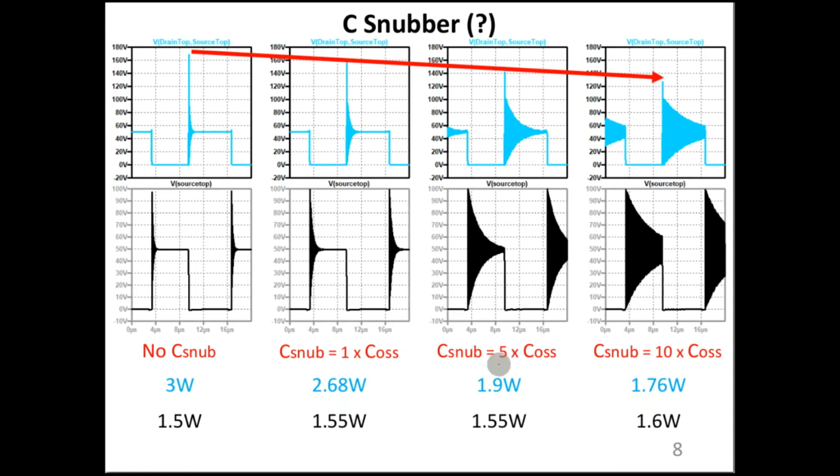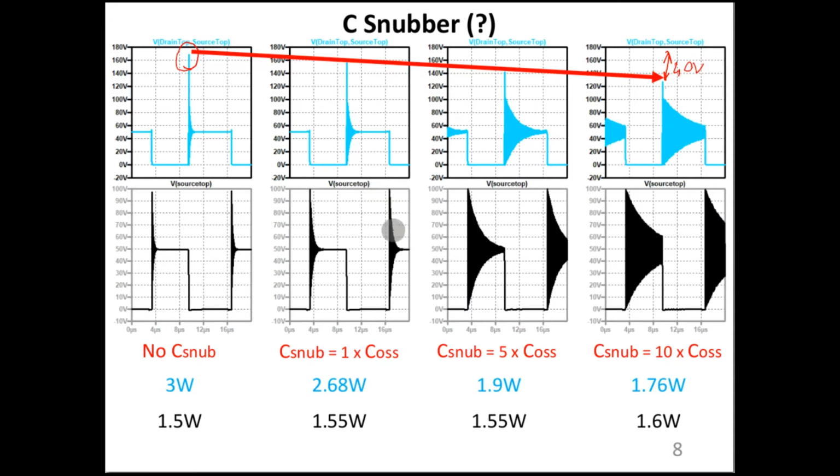In the third case, we are using 5 times COSS at the output port, and in the last case, we are using 10 times the parasitic capacitance connected across the drain to source pins. When we check the drain to source voltage overshoot levels, it was as high as 160 volts in the first one. However, it reduces down to almost 120 volts. So we are decreasing the voltage by 40 volts from the first case to the last case.